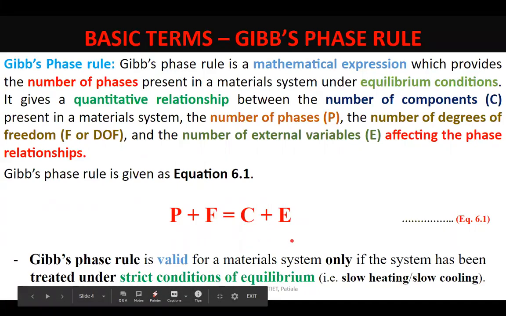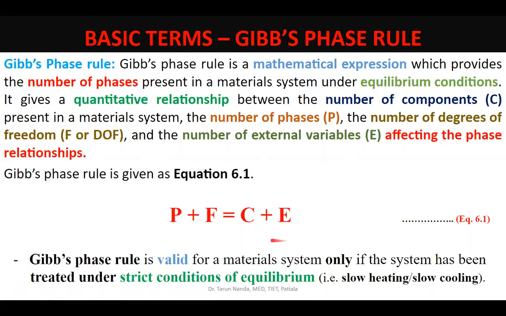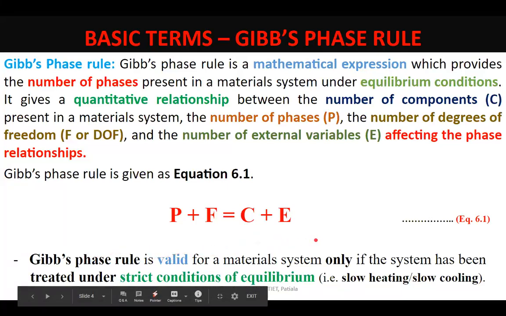Means when a material system is at some given conditions of pressure, temperature, and composition, the Gibbs phase rule can be applied to that material system, but the condition is that the material system should have been treated under very, very slow conditions of heating, very, very slow conditions of cooling, that is strict equilibrium conditions. If a system has been brought to a particular temperature pressure condition with rapid cooling, rapid heating, then this rule is not applicable. So that's a very important thing.